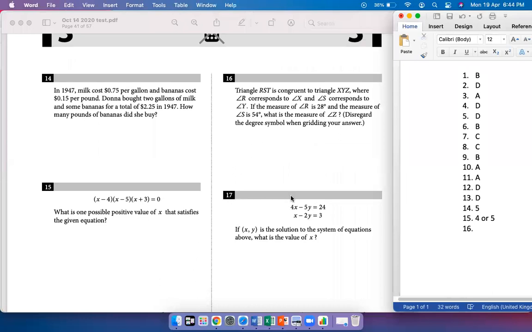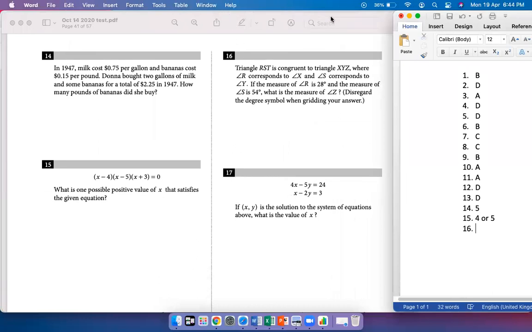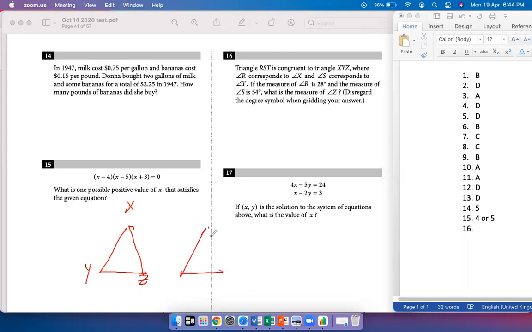Okay, triangle RST is congruent to triangle XYZ, where angle R corresponds to angle S. So I'll just draw this: XYZ and RST, right? These are my triangles. If the measure of angle R is 28, so this is 28, and the measure of angle S is 54, then what is the measure of angle Z?